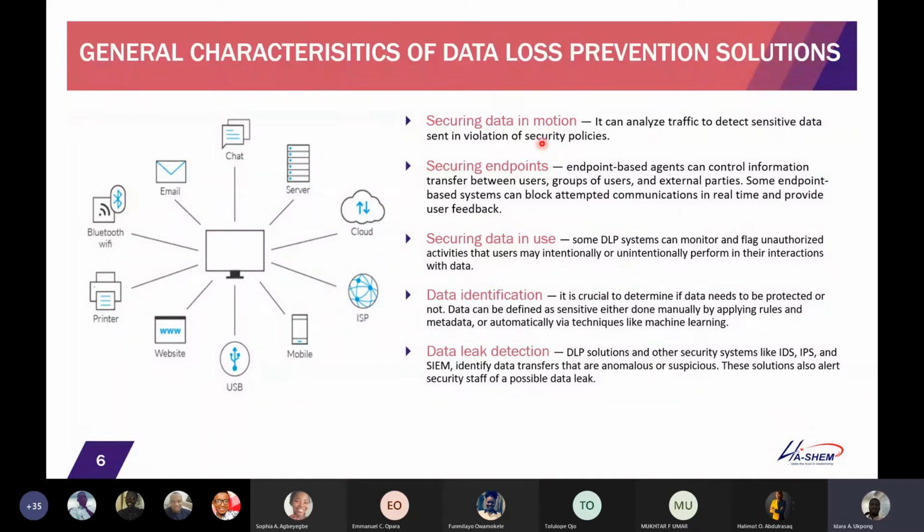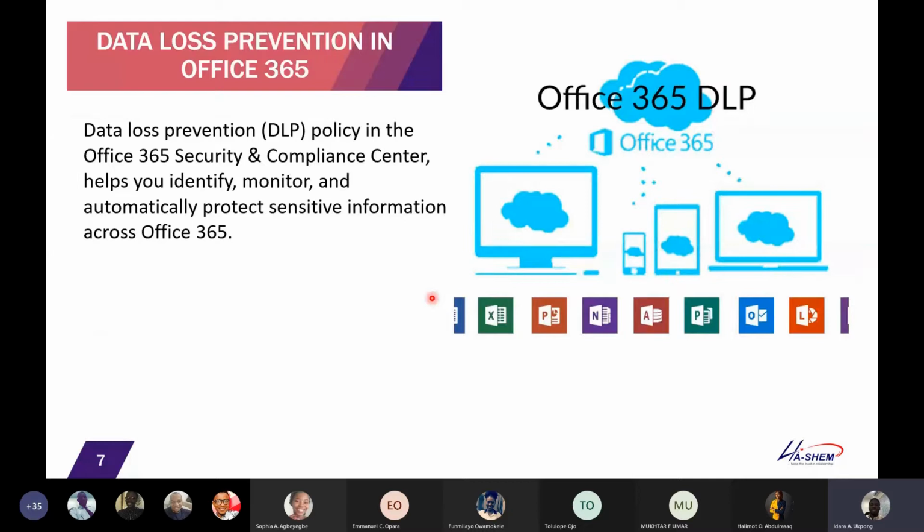So moving on to our topic for today, which is data loss prevention in Office 365. Now, for Office 365, the data loss prevention capabilities are actually limited to solutions like SharePoint Online. We have Teams, we have OneDrive for Business, and you have the most common way of sharing information, which is Exchange Online, which is our email, which we all know about.